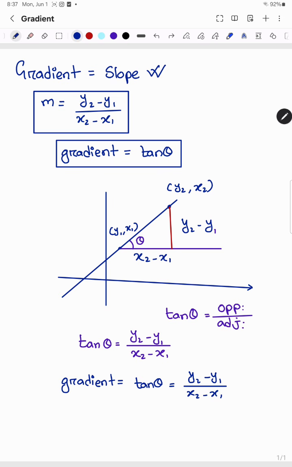So that ends up deriving the formula of gradient. I hope that helps.